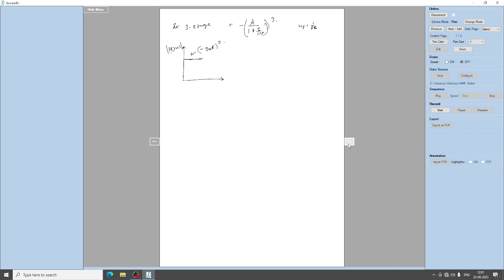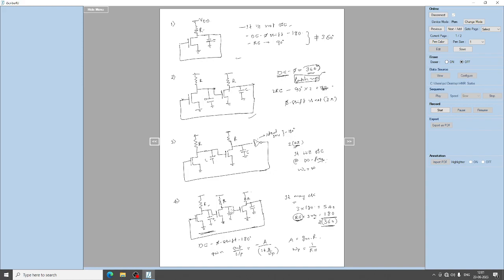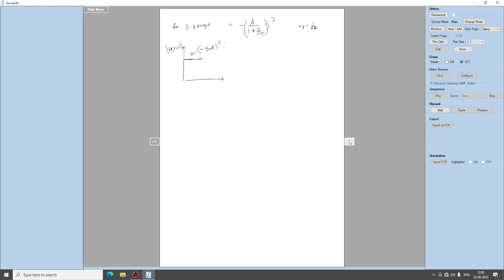Since I have taken the values of R and C of all the 3 stages to be equal, each will produce a decrease in the gain of 20 decibels per decade.